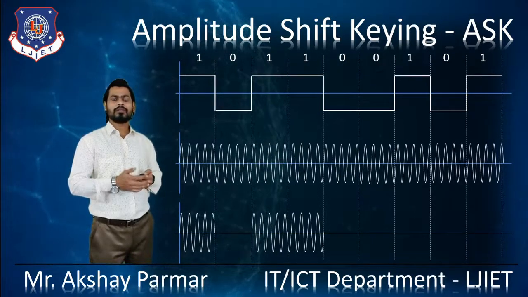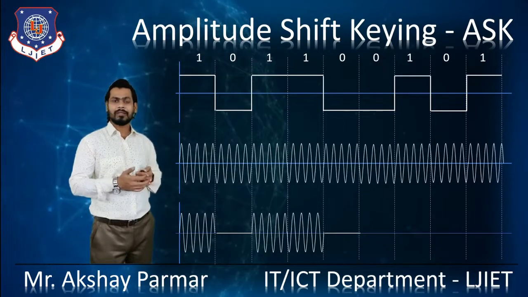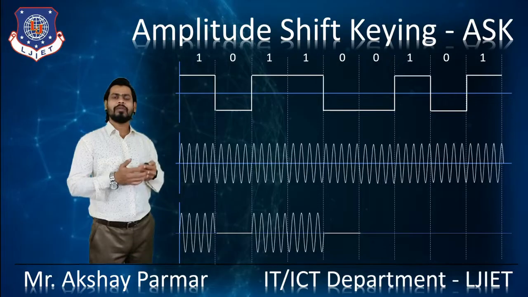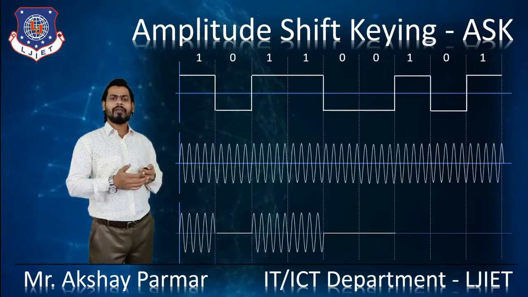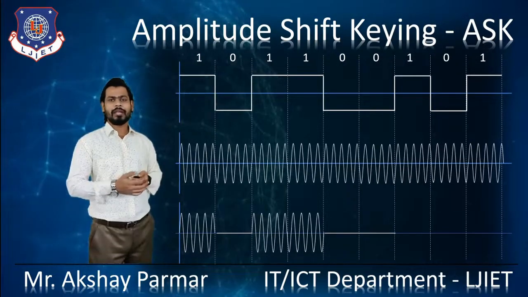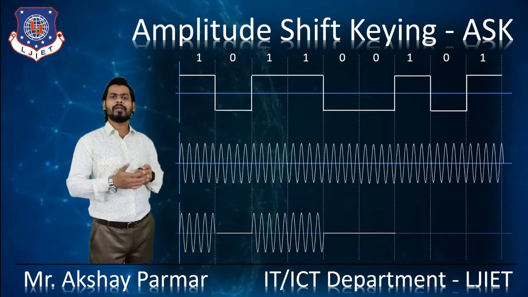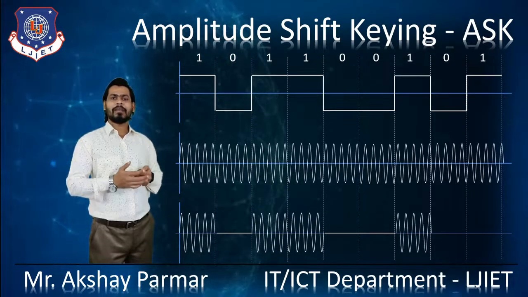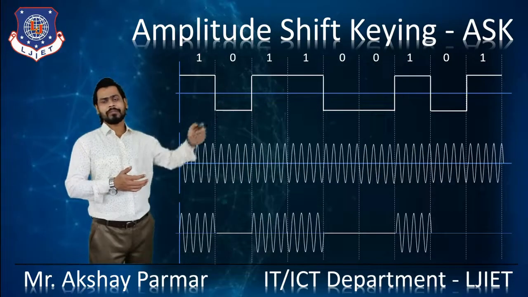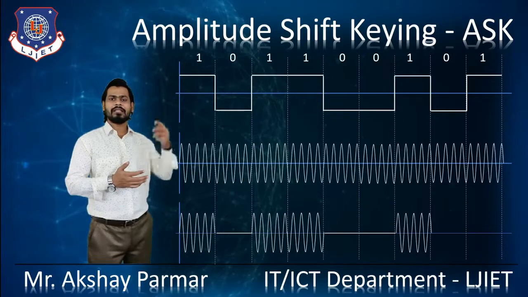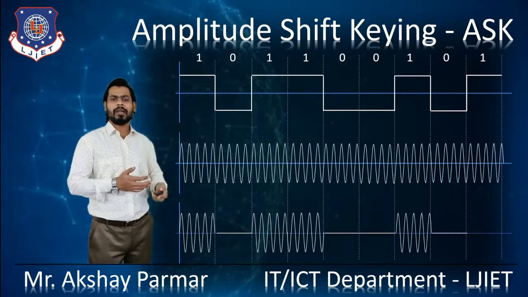Another 0 is there, so in the same way, to represent bit 0, the amplitude of the signal is changed to 0. After that, 1 is there, and as we have shown, the carrier signal remains as it is to represent bit 1. Likewise, we represent that bit sequence as an analog signal. That's how we are converting digital data into analog form.